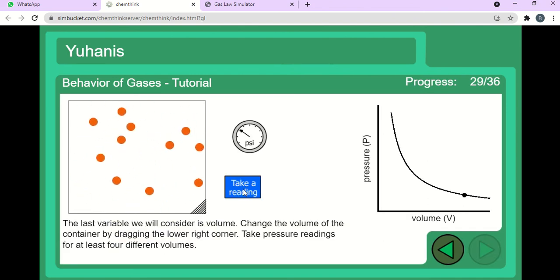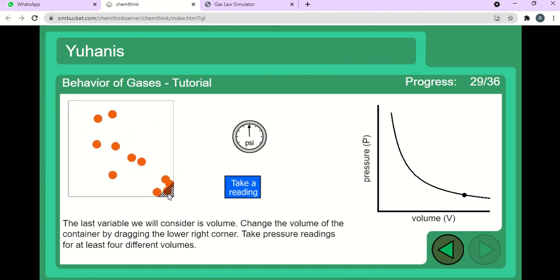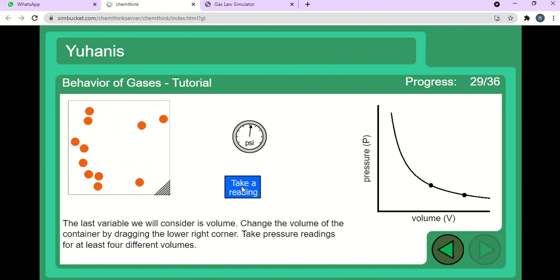Okay, take a reading. This is about the volume. I can decrease the volume.